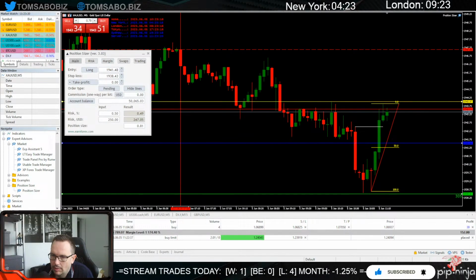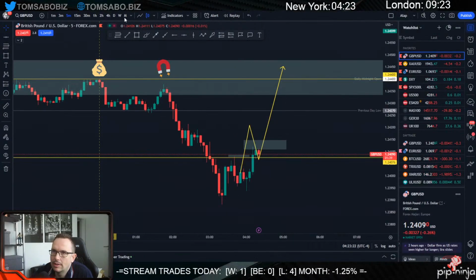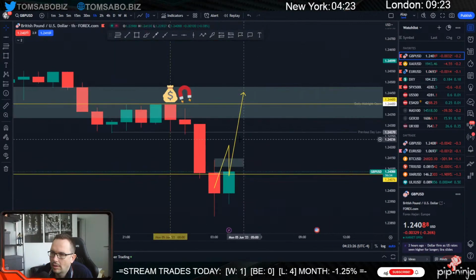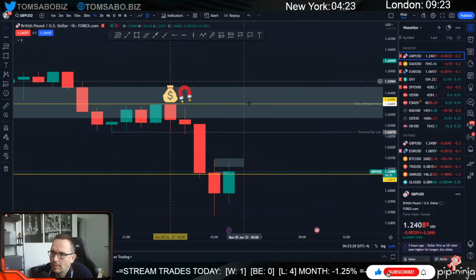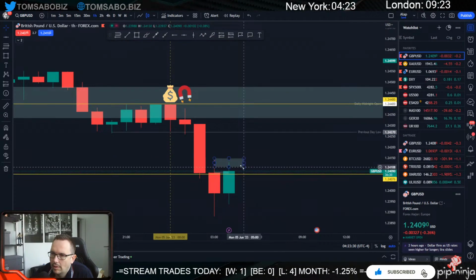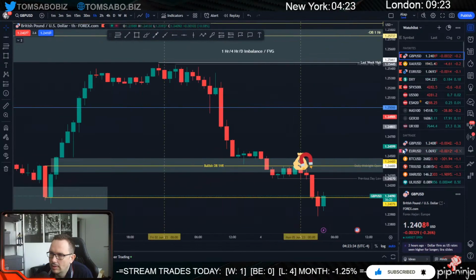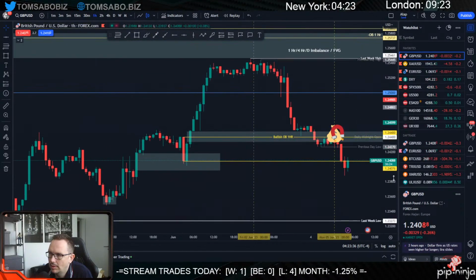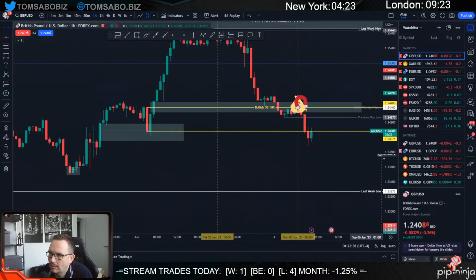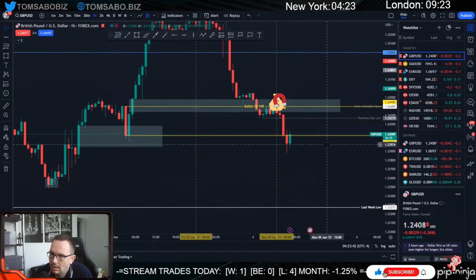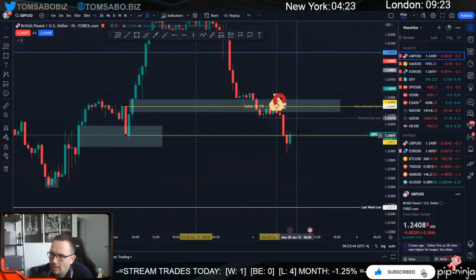Let's go to TradingView. Check out the hourly candles, all right? All right, so this is the hourly candle, which is great. Could be also good for a 3-pin formation.